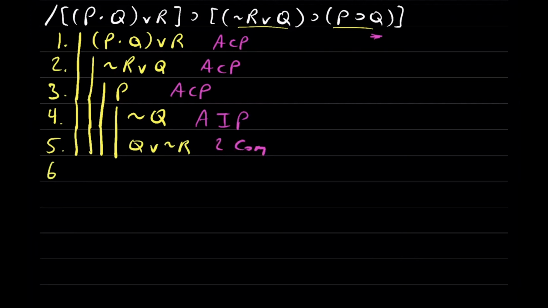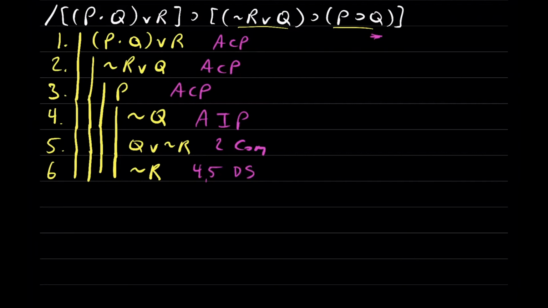Line 6, don't forget to bring down these assumption lines. I can get not R. That's going to be from lines 4 and 5 by disjunctive syllogism.